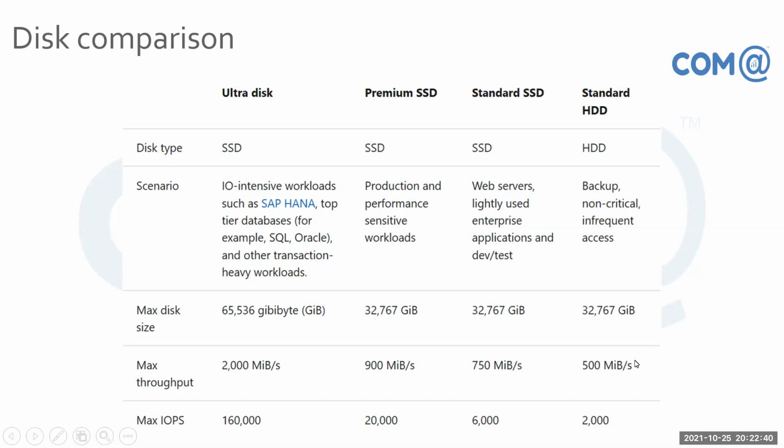Standard HDD also has better performance, but comparatively it has low disk throughput. Similarly, you can see the IOPS: Ultra Disk has 160,000 disk IOPS, premium SSD 20,000, standard SSD 6,000, and standard HDD has 2,000 IOPS.